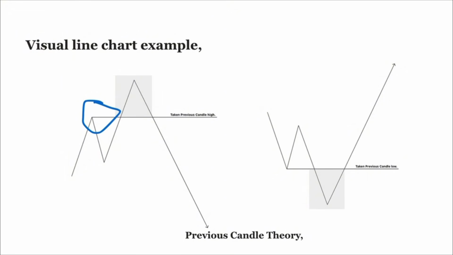If the previous candle high gets manipulated, you look for a short setup. You short from here. And for bullish, if the candle low gets manipulated, you do the same thing: you long and target the opposite side.